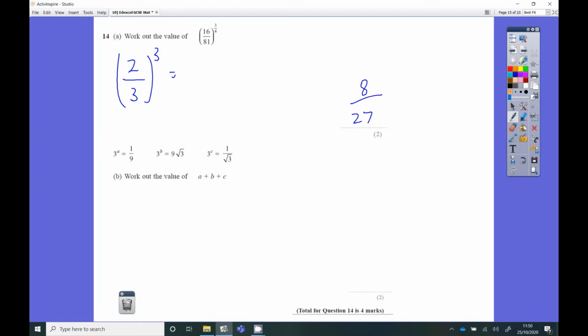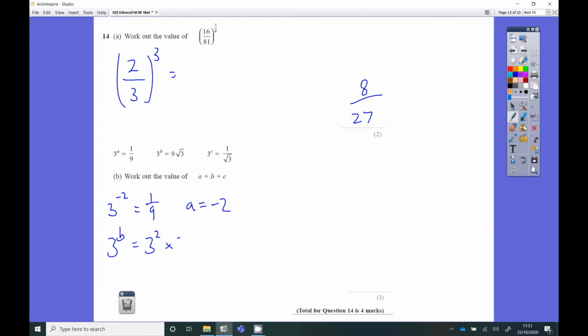Now for part B, let's work each of these out in turn. So 3 to the power of minus 2 equals a 9th. So therefore A equals minus 2. Now for the second one, 3 to the power of B equals 9, which is 3 squared, multiplied by the square root of 3, which is 3 to the power of a half.